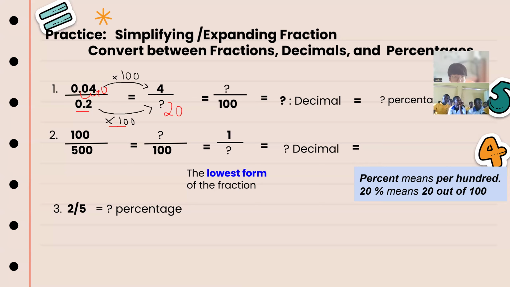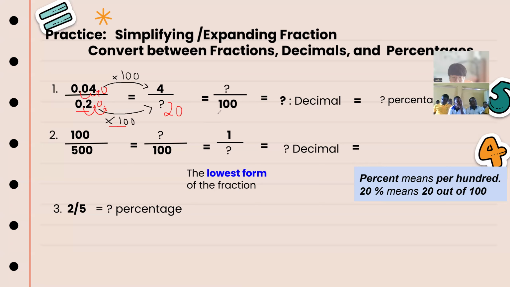If you multiply 100 by 0.2, you can think about the dot moving from here to here. That becomes 2.0 if you multiply by 10. The dot moving from here to here, that would be 20, right? That's why we got 4 over 20 by multiplying 0.2 by 100.